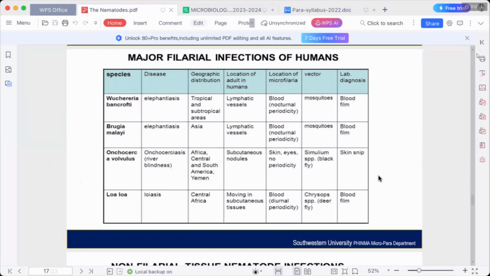The location for the microfilaria is the same, blood, but they have diurnal periodicity. The vector is the deer fly. Remember, Onchocerca, black fly. For your Loa, you have your deer fly or Chrysops. For the lab diagnosis, you have your blood film.